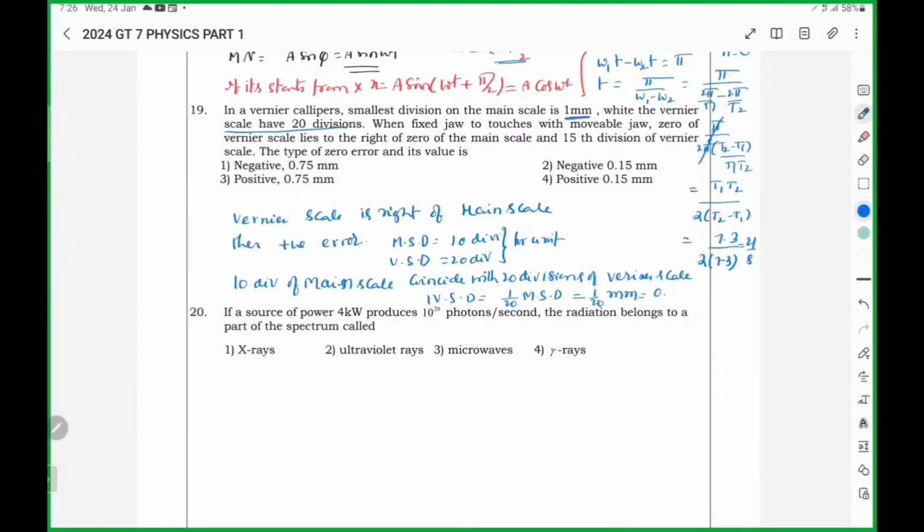That is how much? Sorry. 10 divisions of main scale coincide with 20 divisions, half mm. So that is 0.5 mm.